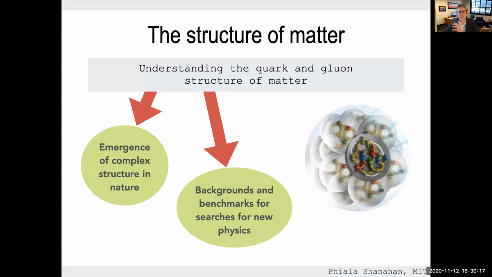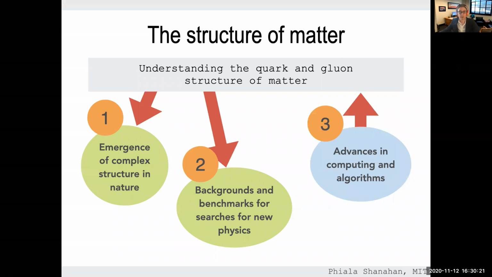So this really lines up with the award citation and also forms the outline for this talk. I'll give some examples of first principles theory studies to study the structure of the proton and of nuclei, and also how advances in computing and algorithms are accelerating and enabling this work.